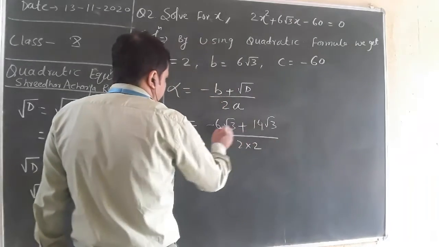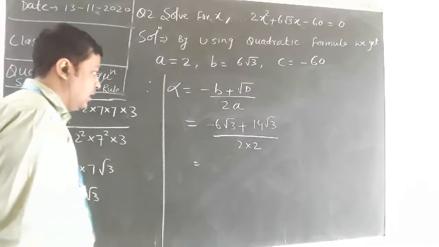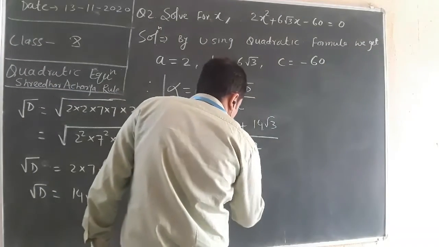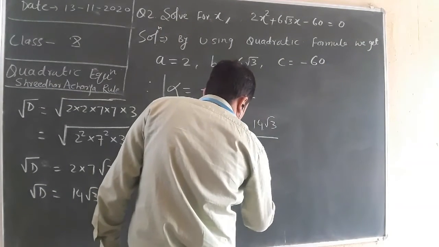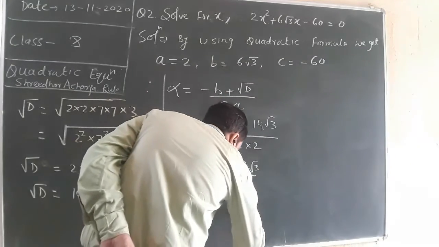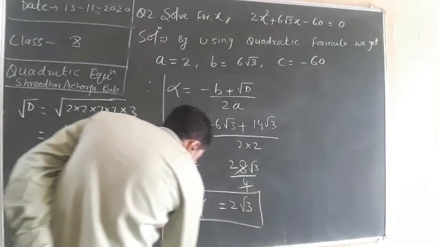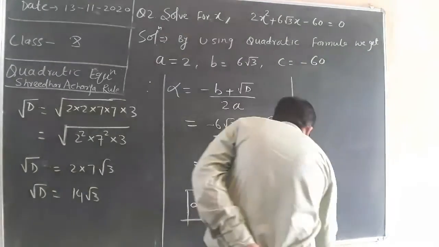So minus 6 and 14, root 3 is constant, that will be 8 root 3 divided by 4. 4 twos are 8, so 2 root 3 is the value of alpha.